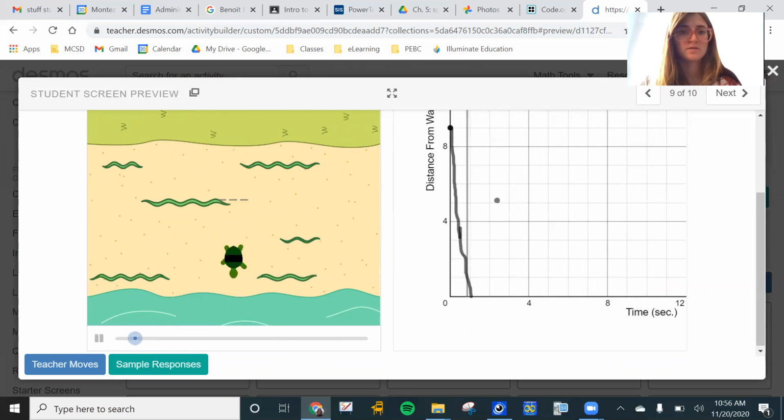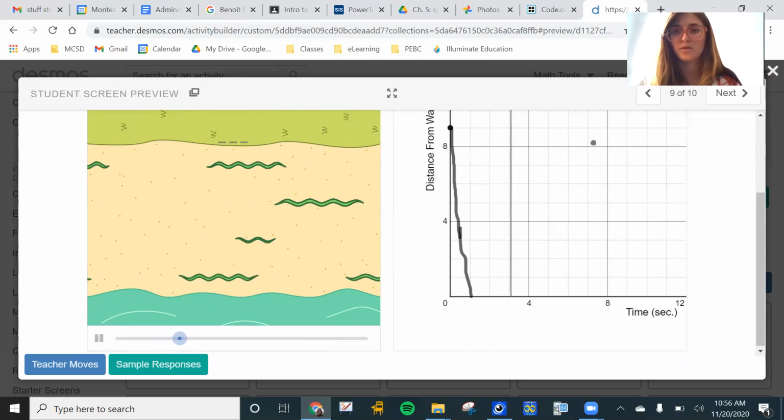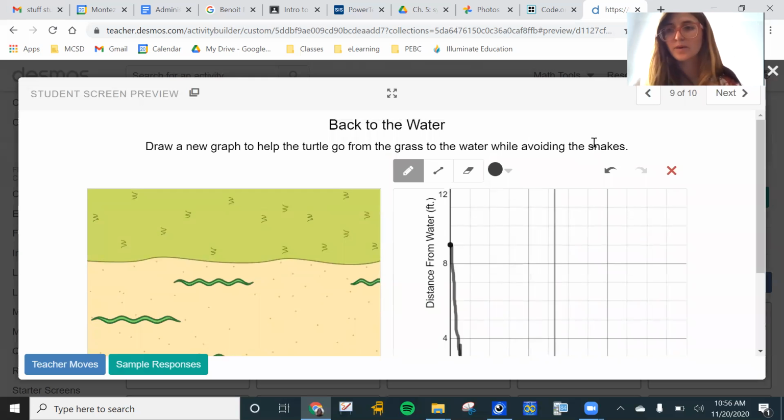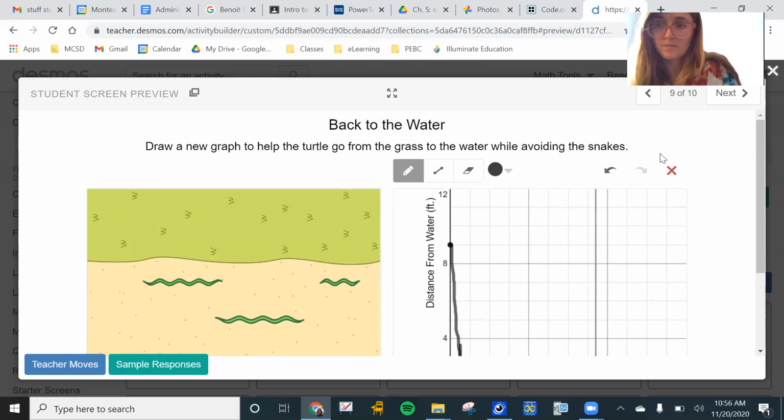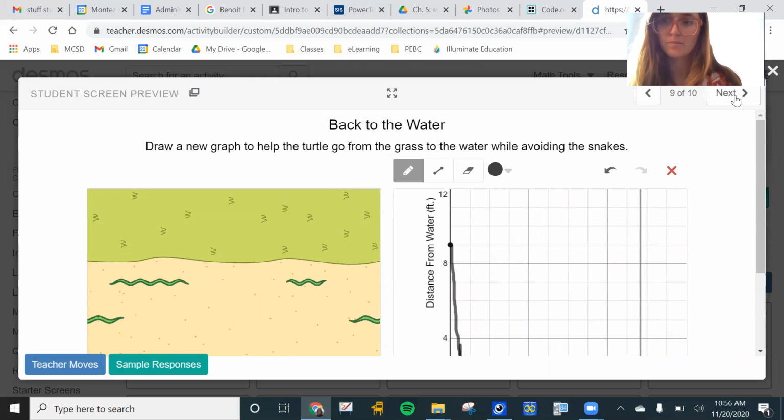Play. Yep, there you go. There are probably other ways to do it too, but that seemed like the easiest way for me.